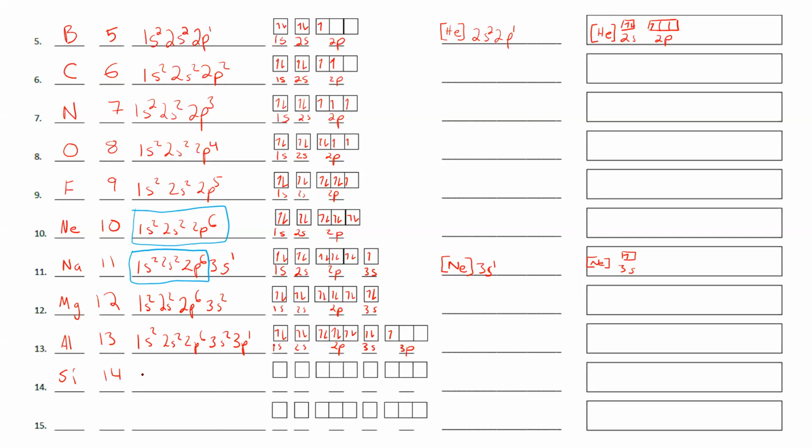So 14, the 1s2, 2s2, 2p6, 3s2, and 3p2. So we have our 1s, 2s, 2p, 3s, and 3p orbitals.